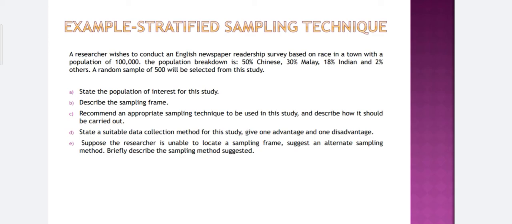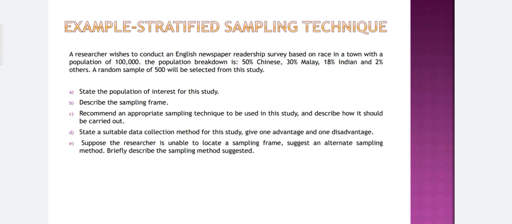So, you akan dapat 90. You cuba try sketch untuk setiap grup berapa pula yang kita kena ambil daripada setiap grup sebagai sampel. Okay, untuk Indian, kita ambil 90 selected from Indian group. Okay, untuk others pula, 2,000 bahagi dengan 100,000 darab dengan 500.